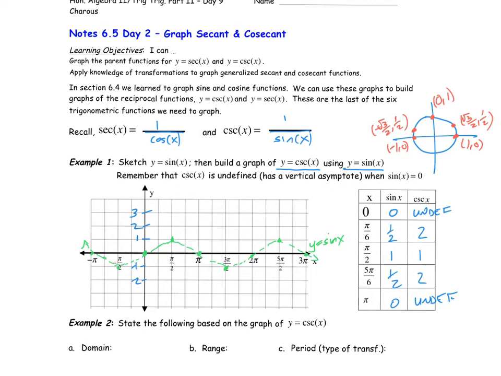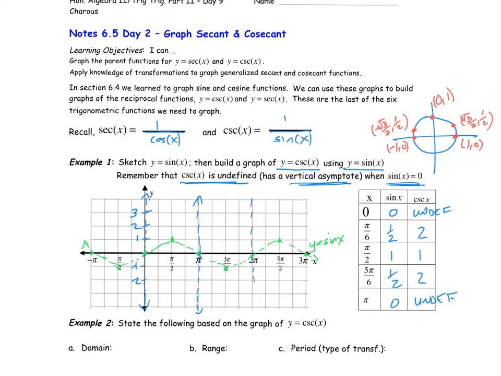Now, when we graph cosecant, we have to remember that cosecant's the reciprocal of sine. And because of that, we know that whenever sine x is 0, cosecant x is undefined, and that means cosecant x will have a vertical asymptote whenever sine x is equal to 0. So I am going to draw in vertical asymptotes every time the graph of sine x crosses through the x-axis.